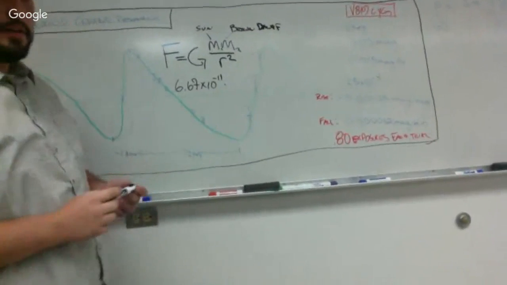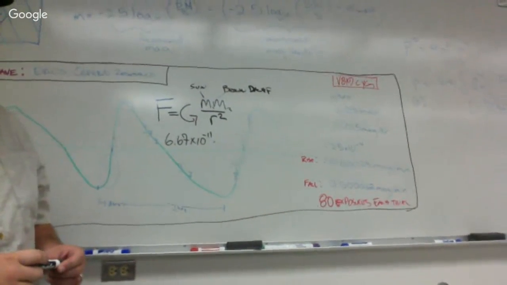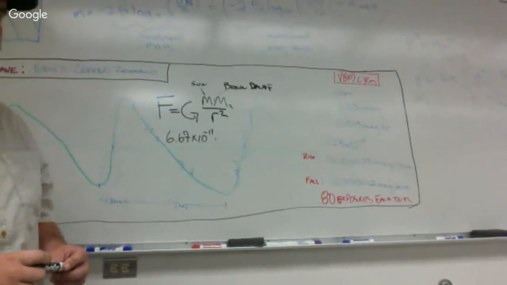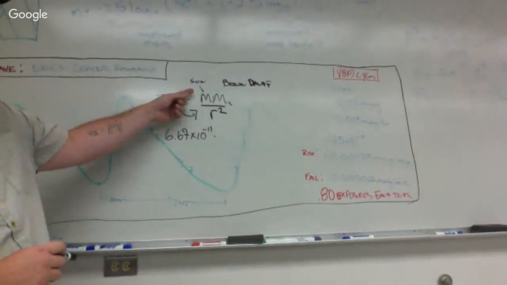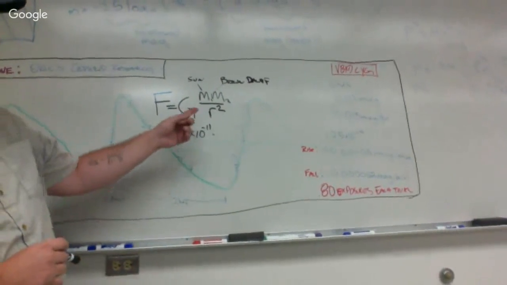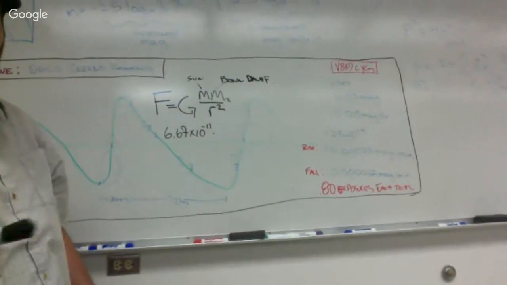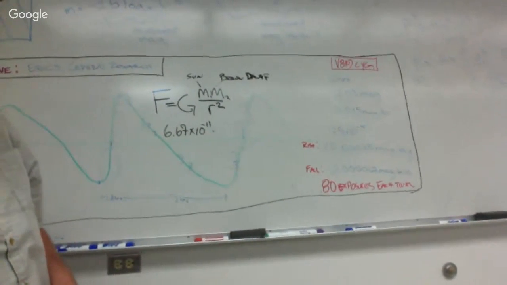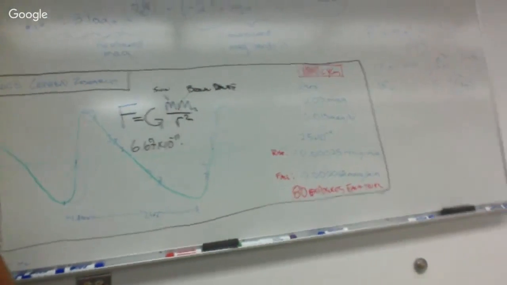So if any of your viewers were so inclined as to find out the type of forces that would be experienced from those two orbiting bodies, you can look up the sun's mass in kilograms and look up the brown dwarf's mass in kilograms, which would just be a simple conversion. The brown dwarf's mass, typically brown dwarfs are 10 to 13 masses of Jupiter.